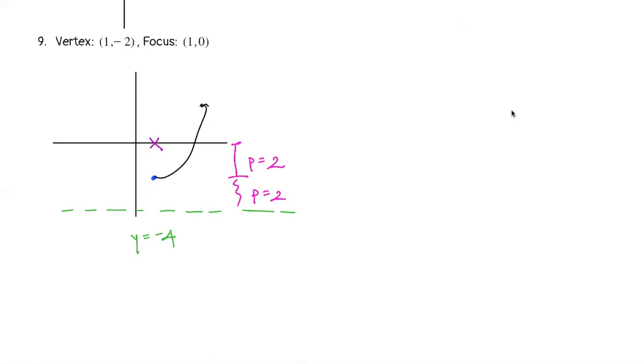And you could just sketch in your parabola, okay? But again, what we're really interested in is the equation. So because it's facing up, x minus h squared equals 4p y minus k.